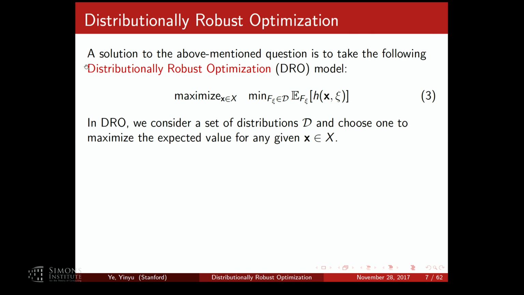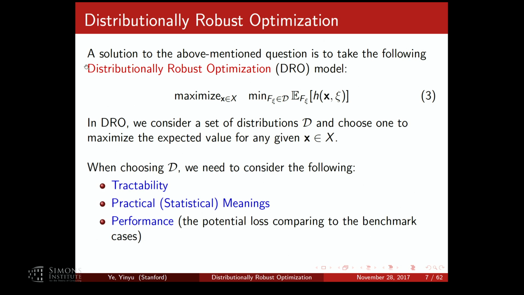So in the past 10 years, we have been trying to analyze this model. At the time, we were thinking, should we call it statistically robust optimization or distributional robust optimization or something? We decided maybe we just call it distributional robust. So the question is, how to choose D?